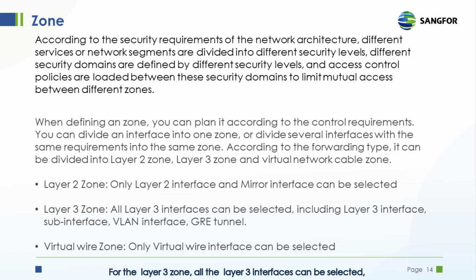For the Layer 3 zone, all the Layer 3 interfaces can be selected, including the Layer 3 interface, sub-interface, VLAN interface, and GRE tunnel interface. For virtual wire zones, only virtual wire interfaces are allowed to be selected.